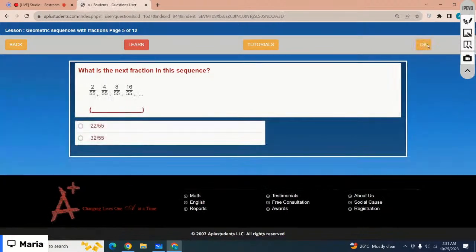Okay, what is the next fraction in the sequence? Which is the next one? Very good.